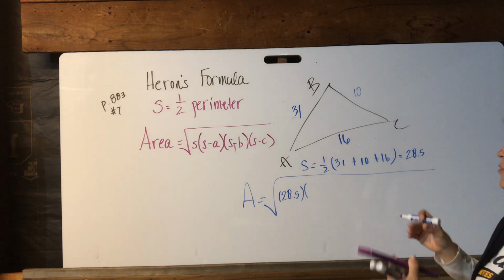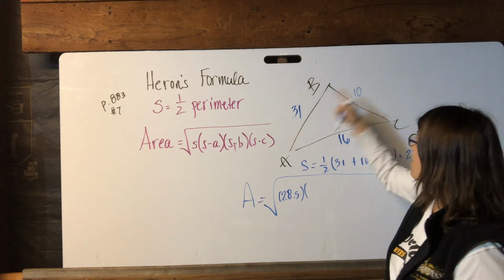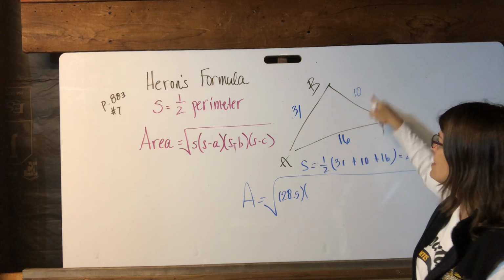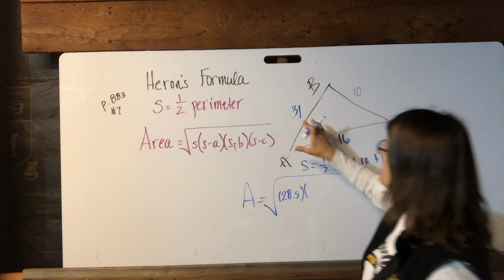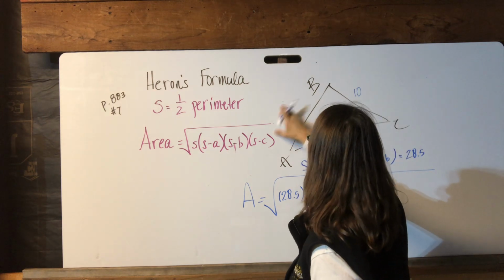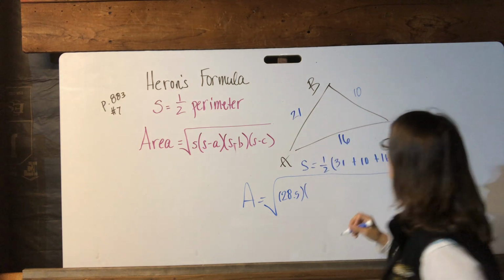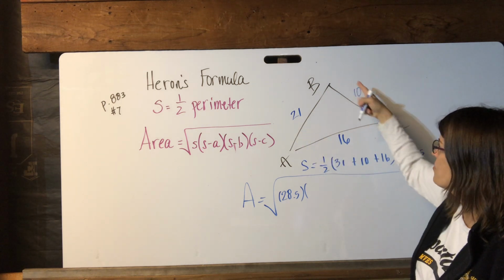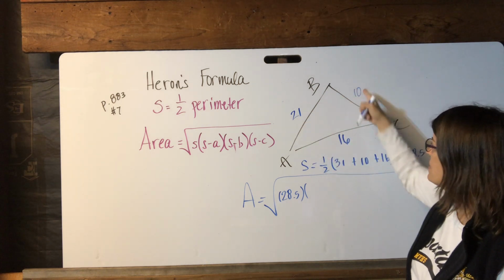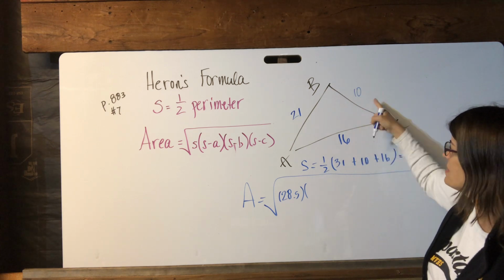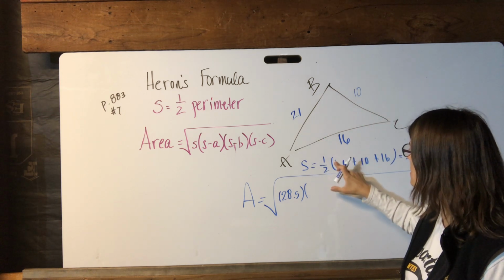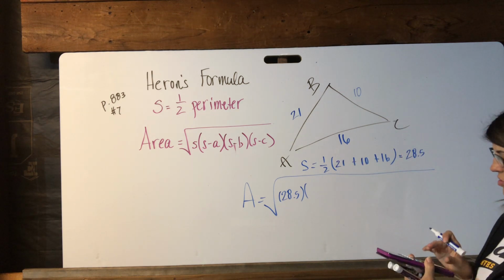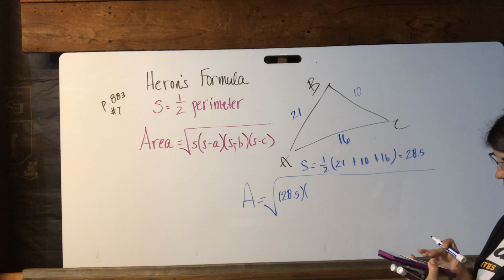So you might as well fast forward until I figure out what my problem is. Oh, because 26 is not greater than 31. I messed it up. 21 plus 16 is 37, which is greater than 10. 31 is greater than 16, and 26 is greater than 21. I had the triangle inequality theorem backwards. So change your 31 to a 21.